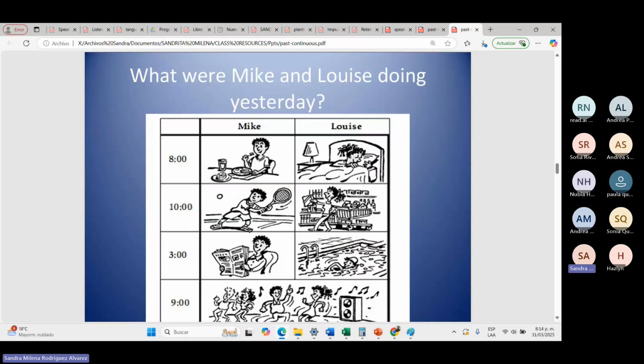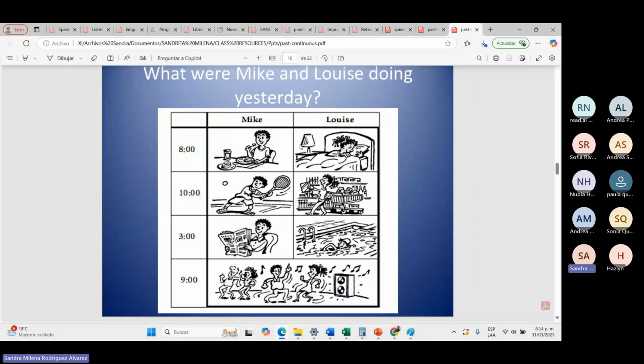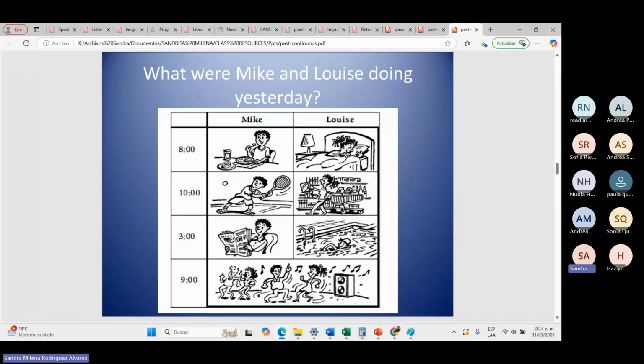Now, let's create some sentences based on the pictures you see. What were Mike and Luis doing yesterday? Can you tell me about Mike? What was Mike doing yesterday?